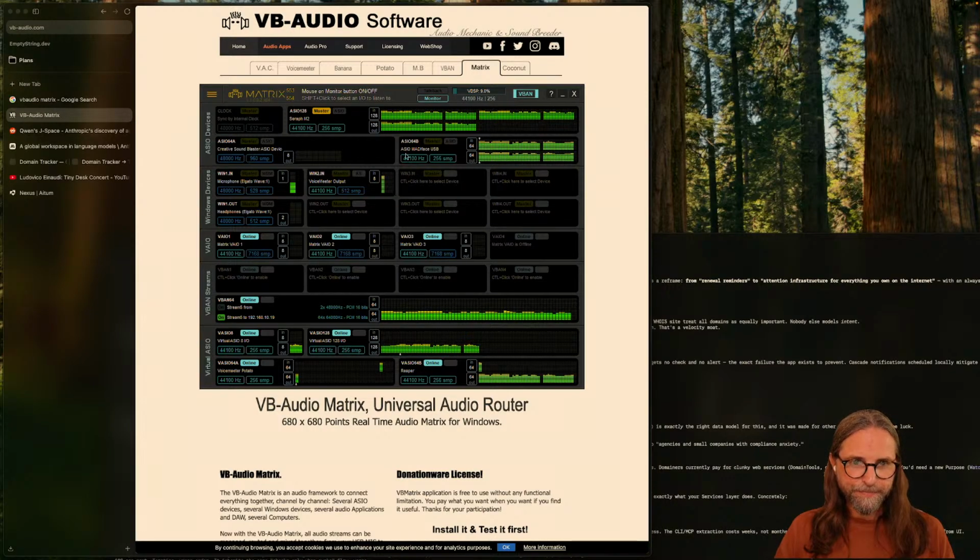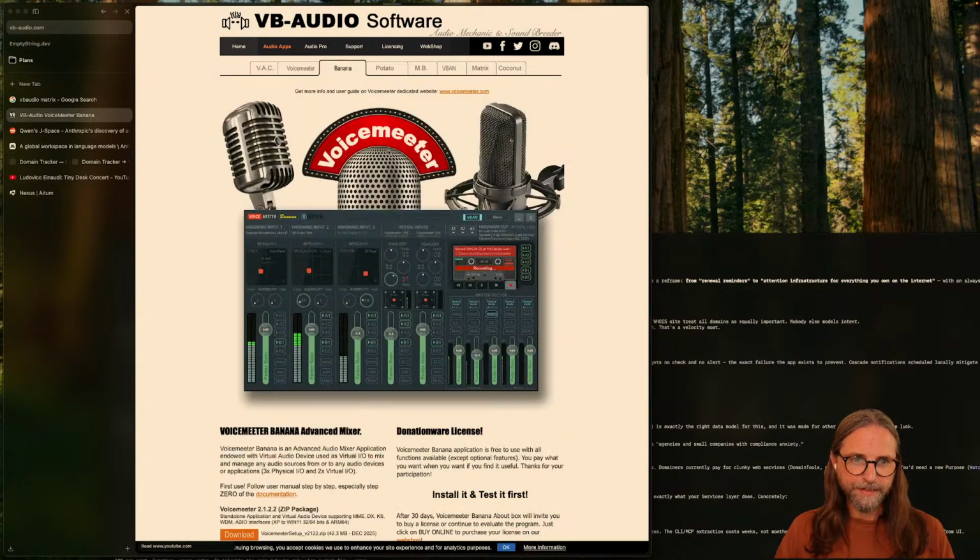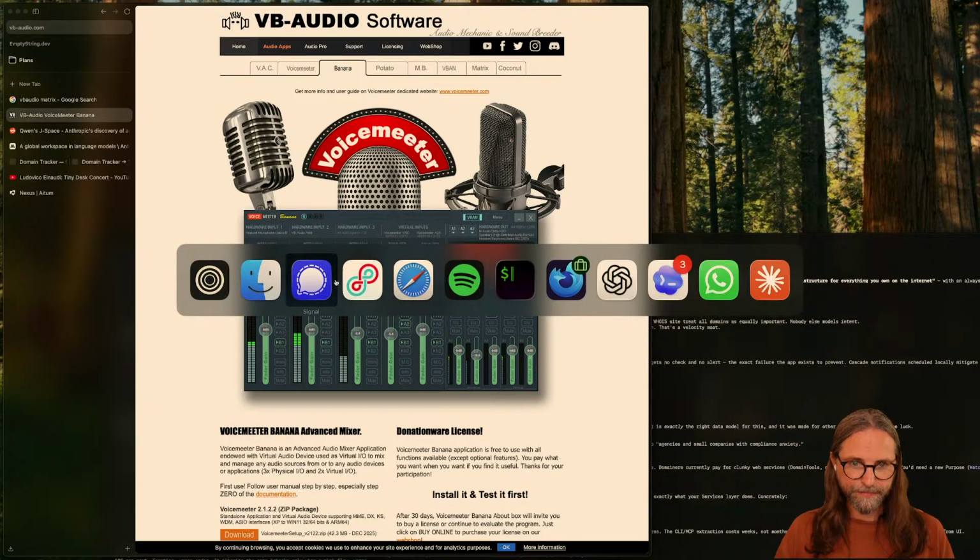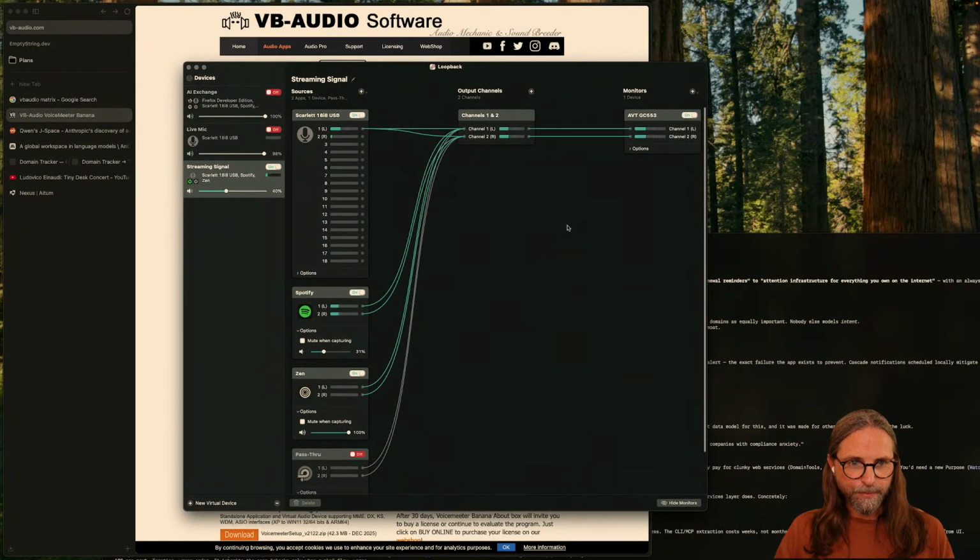Maybe I haven't used this one then. I definitely did use Banana for a bit. I don't think I ever got it working properly, but actually it was doing things on the wrong device anyway. Loopback is pretty sweet.